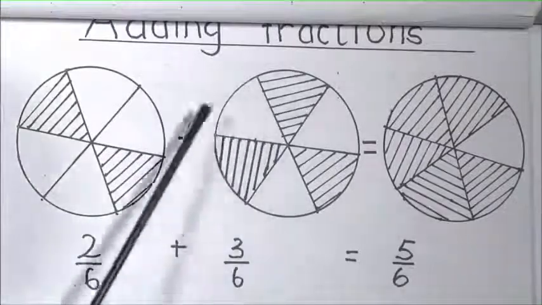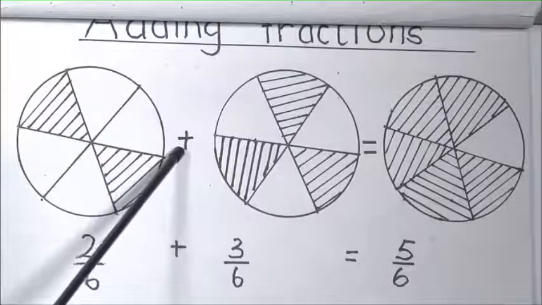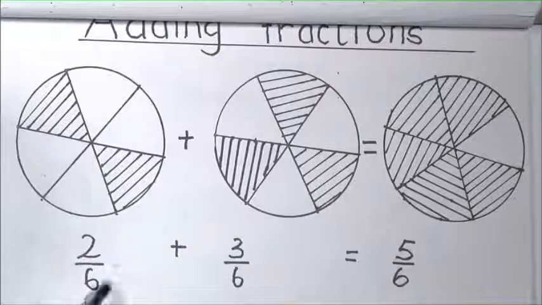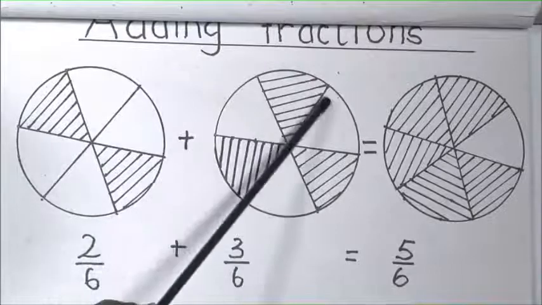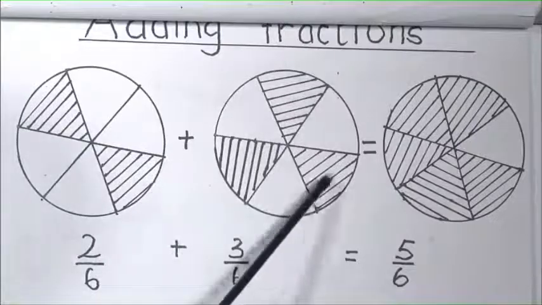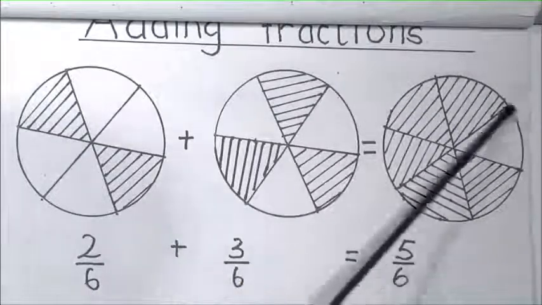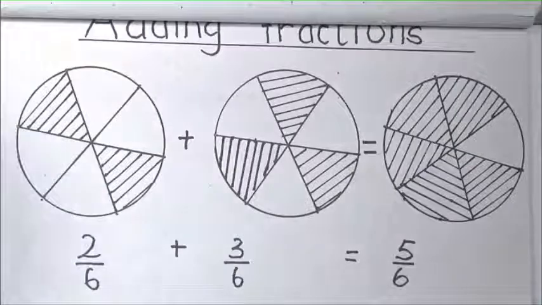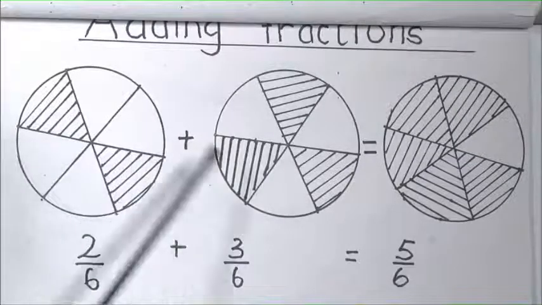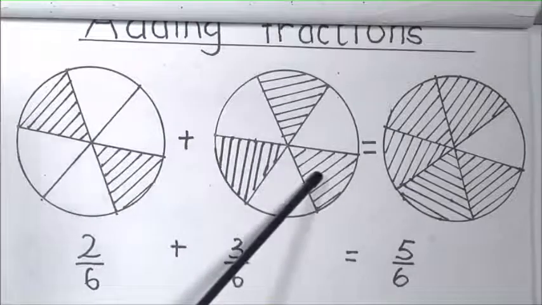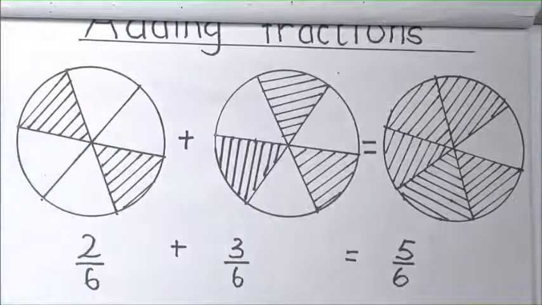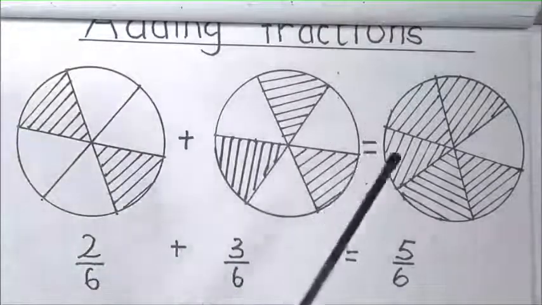So if you add, this is the symbol. You add the 2/6 and the 3/6. This is what you get. Children, what is it? If you add 2/6 and 3/6, what do you get? Count. What you see inside the circle is what you will get.